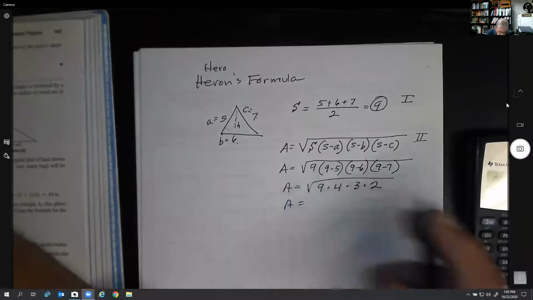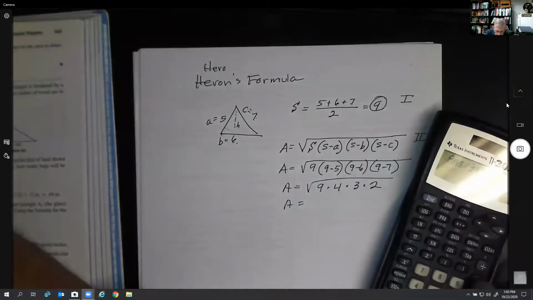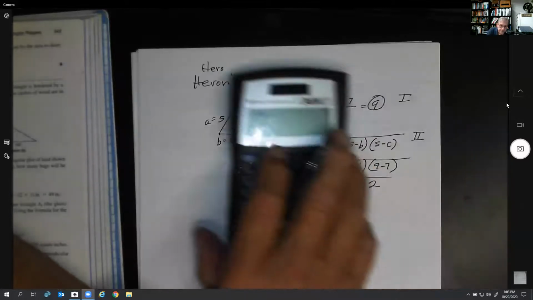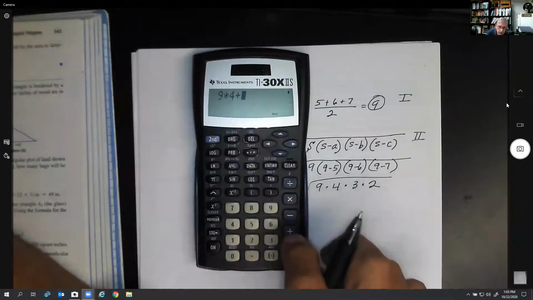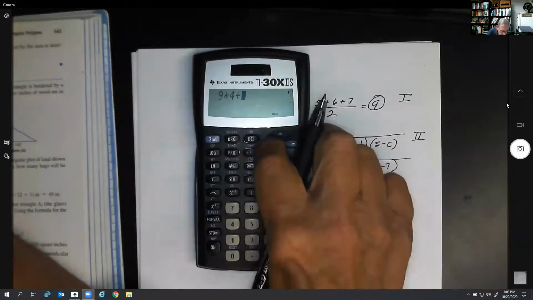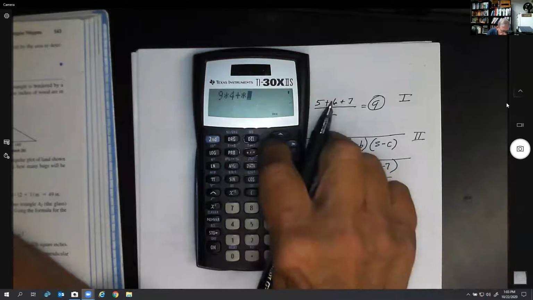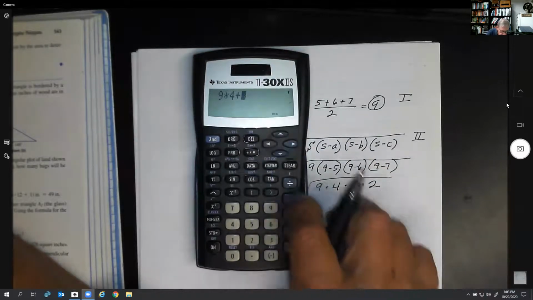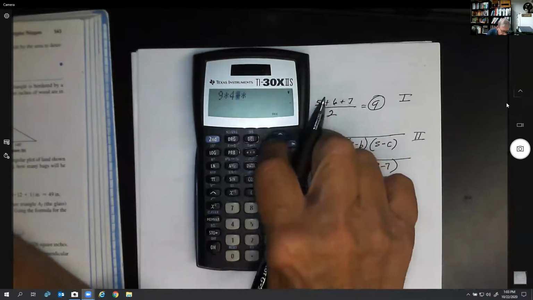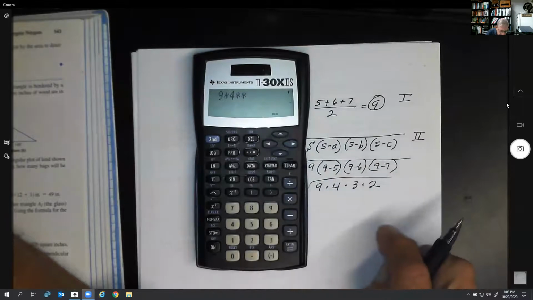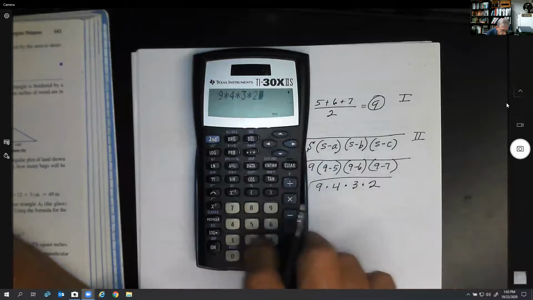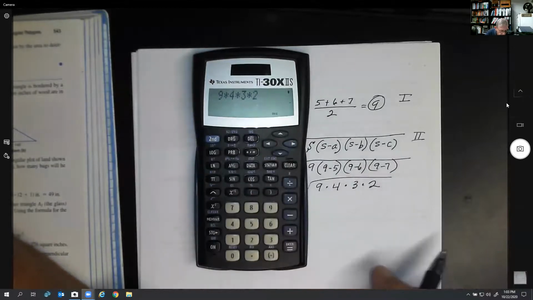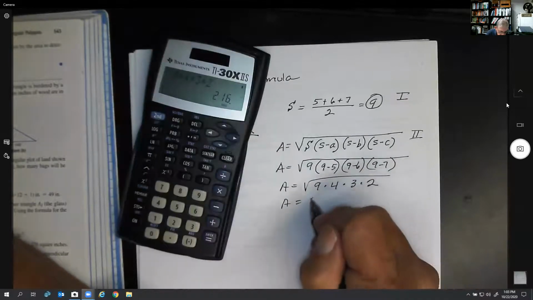So the area is 9 times 4 times 3 times 2, 9432, okay, 216.